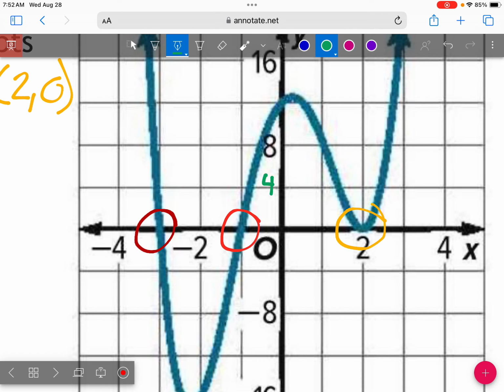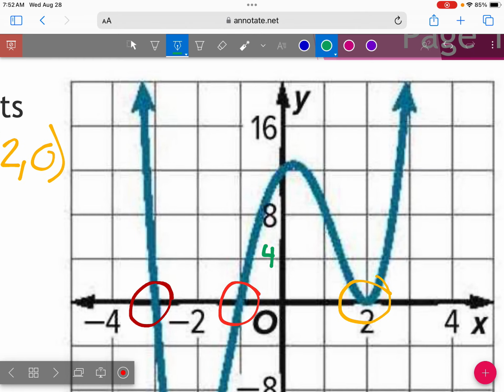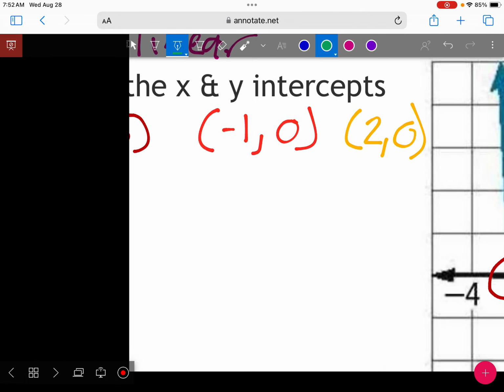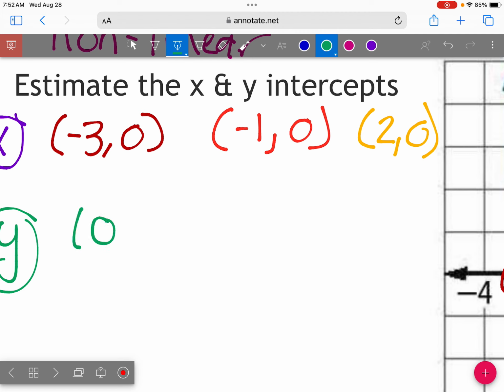So make sure we're watching. If they put the numbers in there, they put them there for a reason. So the y-axis is counting by 4. So 4, 8, 12. So my y-intercept is happening at 0, 12. So be super extra careful.